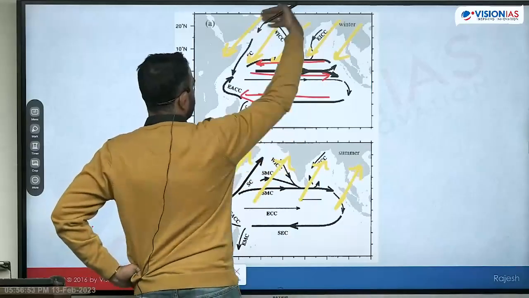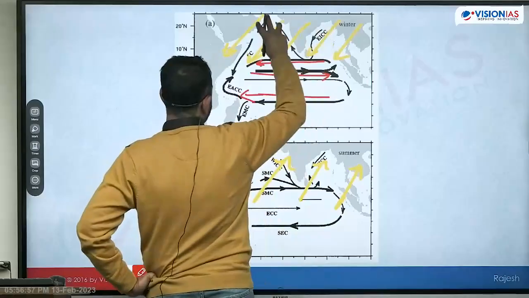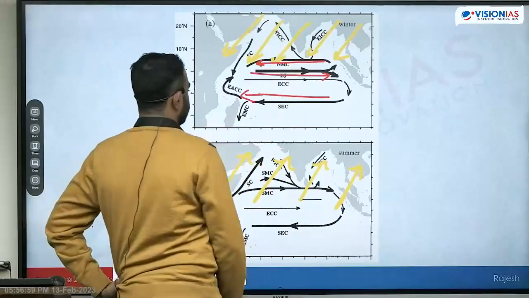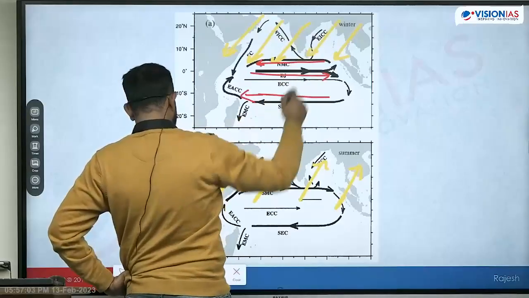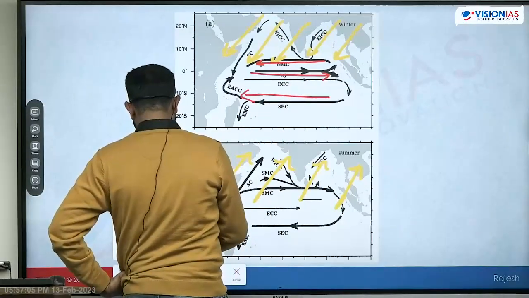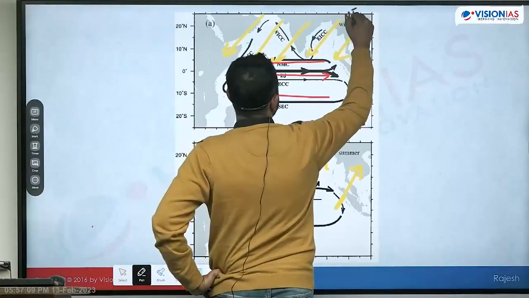What happens to the other parts of the entire northern Indian Ocean? On one side we have the Bay of Bengal, on the other side we have the Arabian Sea. So this entire part is under the influence of northeast monsoon winds.